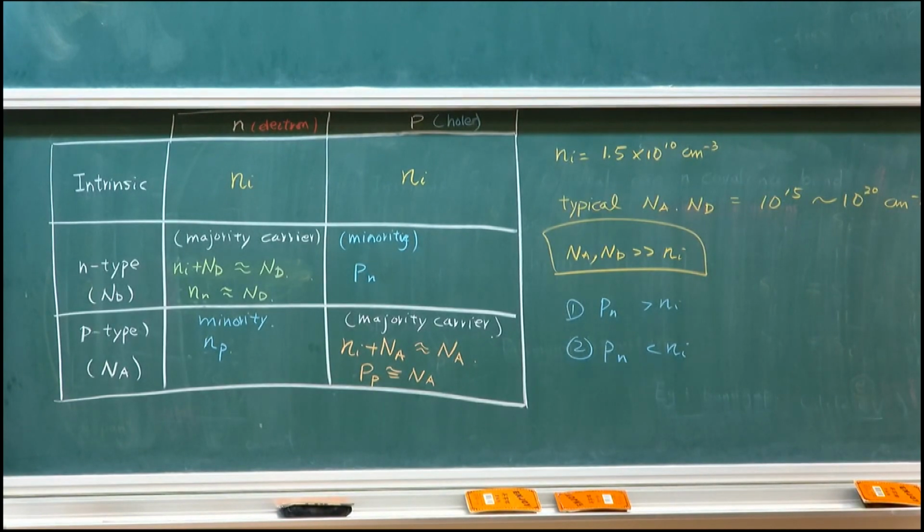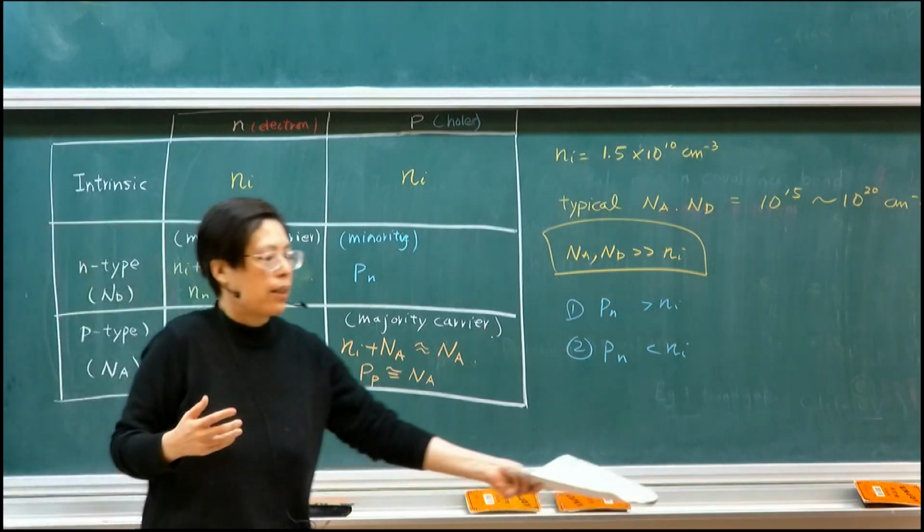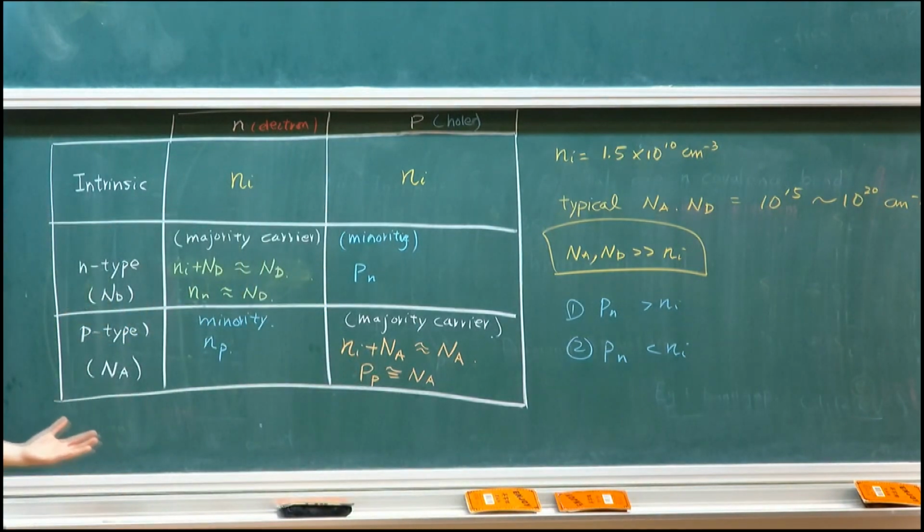Which one? So the way to think about this is that we go back to the room with seats, okay? You start with some amount of empty seats which is available. So now if I'm introducing holes, meaning that I'm creating more seats. So let's think about this. For the N-type semiconductor, at the beginning you have a certain amount of seats and a certain amount of electrons.